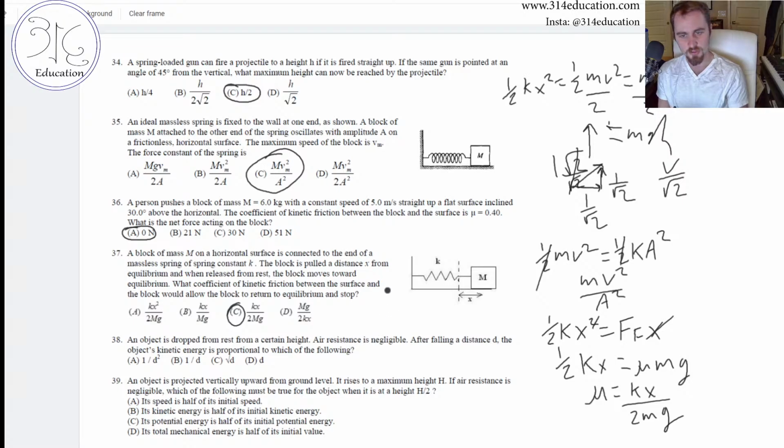38, we've got an object dropped from rest from a certain height, ignoring air resistance. After falling a distance d, the object's kinetic energy is going to be proportional to which of the following? Well, it's going to be proportional to d, because as we are falling, we are traveling down some distance.